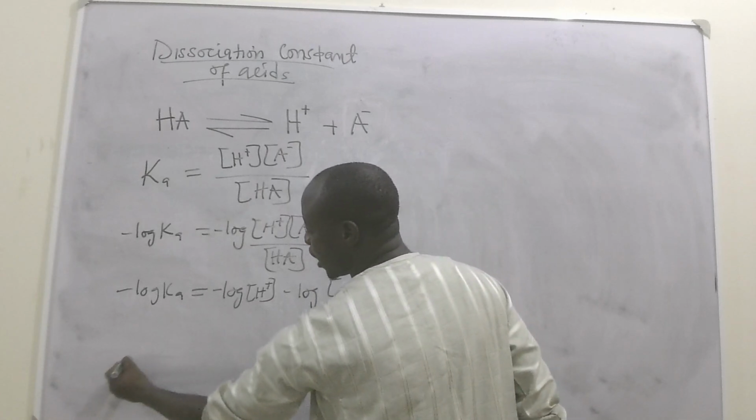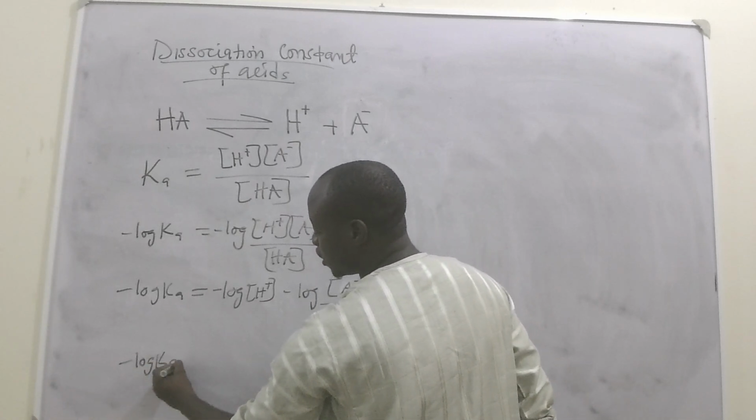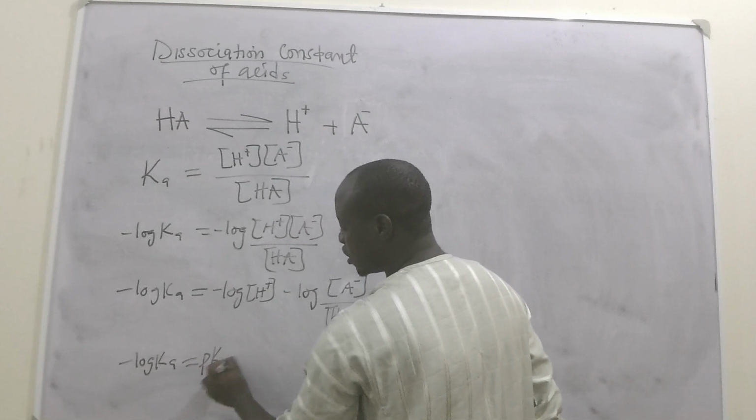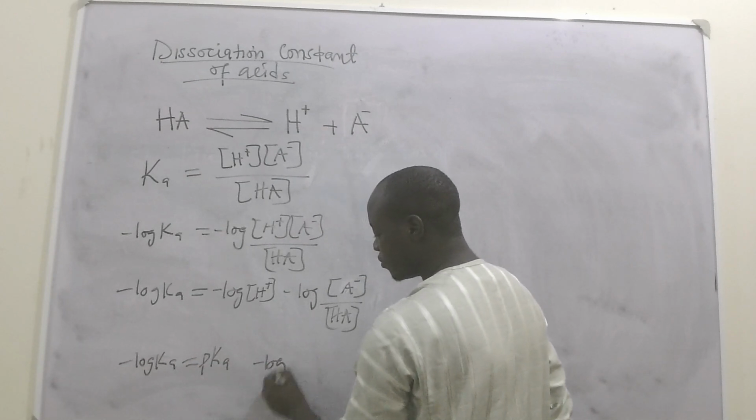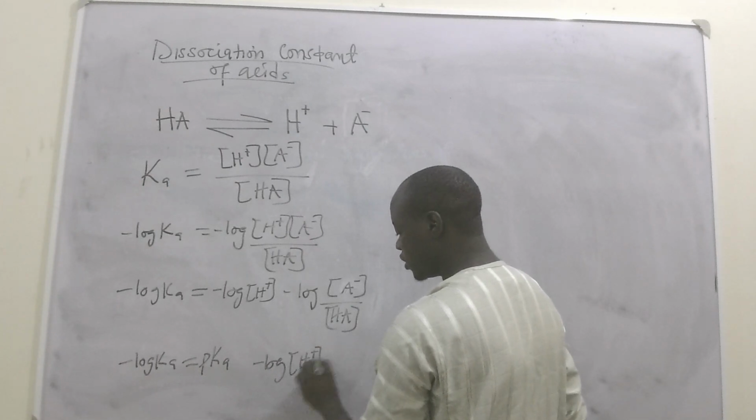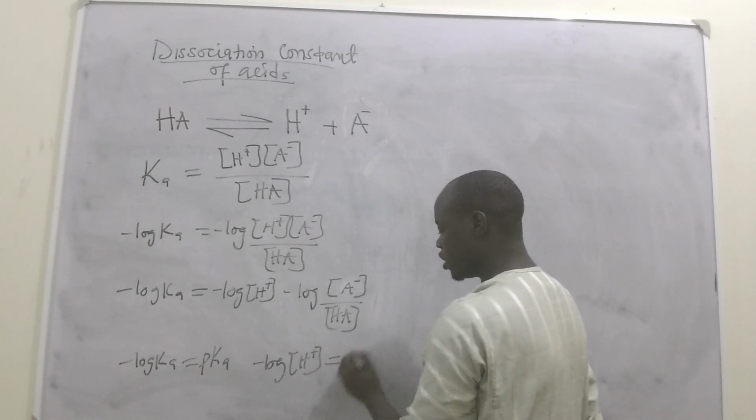Minus log Ka is pKa, and minus log of hydrogen ion concentration is pH.